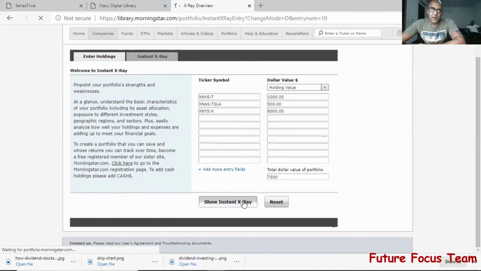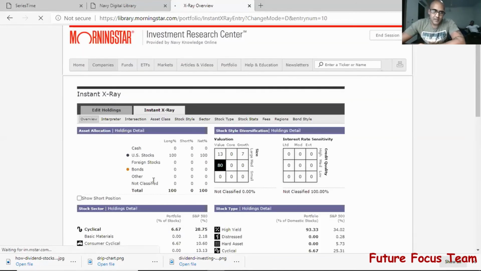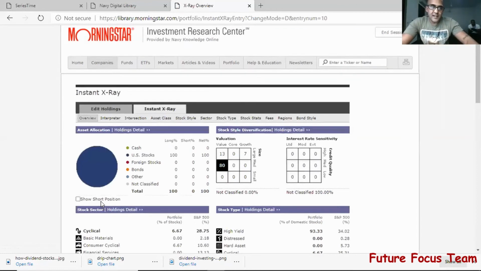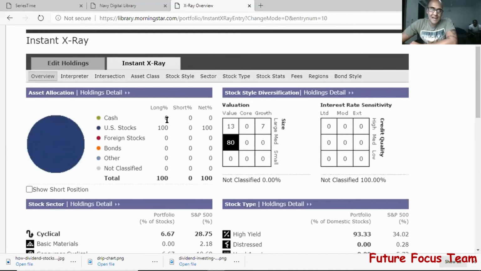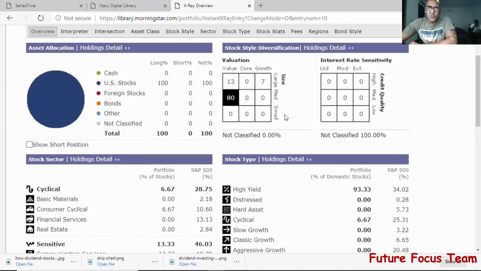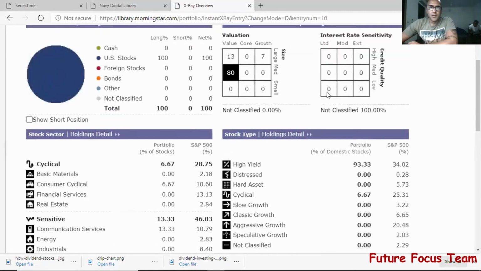You just click on show instant x-ray, and I don't think I got to show you this the other day, but you can take a deeper look into your portfolio. Another thing you could do is add cash. If you had cash on the side, it would include it in here as well. Based on the valuation, it shows you how much of the companies you have are value, and what percentage is growth.